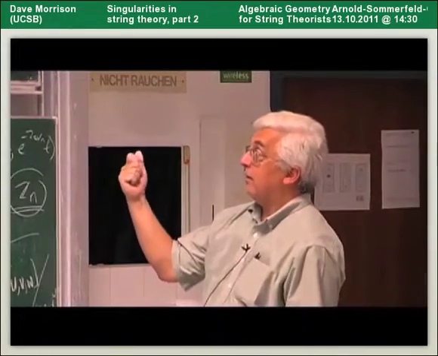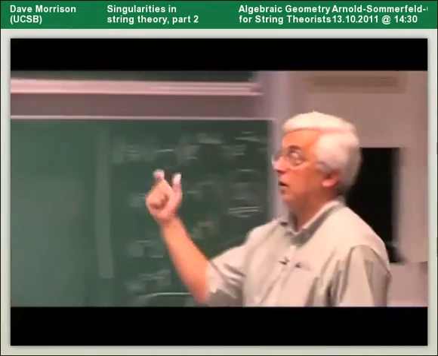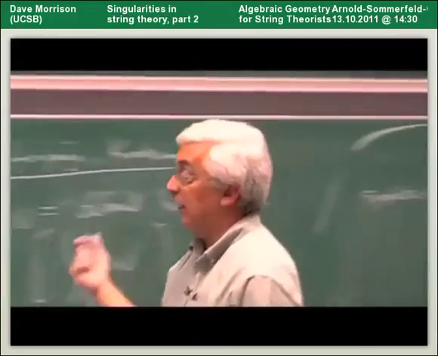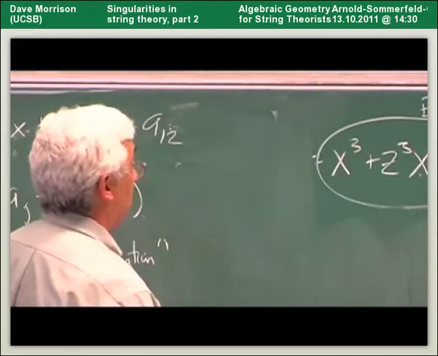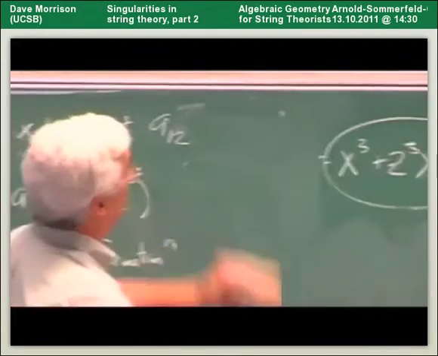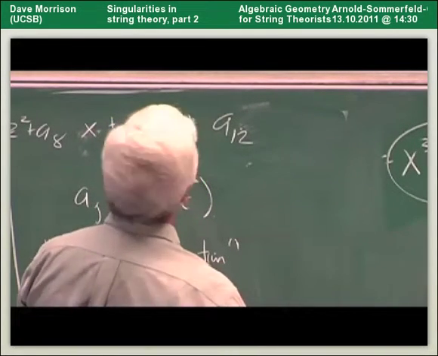That small resolution has the effect of resolving the central fiber while not disturbing the nearby fibers, and it resolves it without introducing an extra surface component that I don't want in the story. So it's a really beautiful result, this simultaneous resolution of rational double points, and it's even more precise than I've written so far.